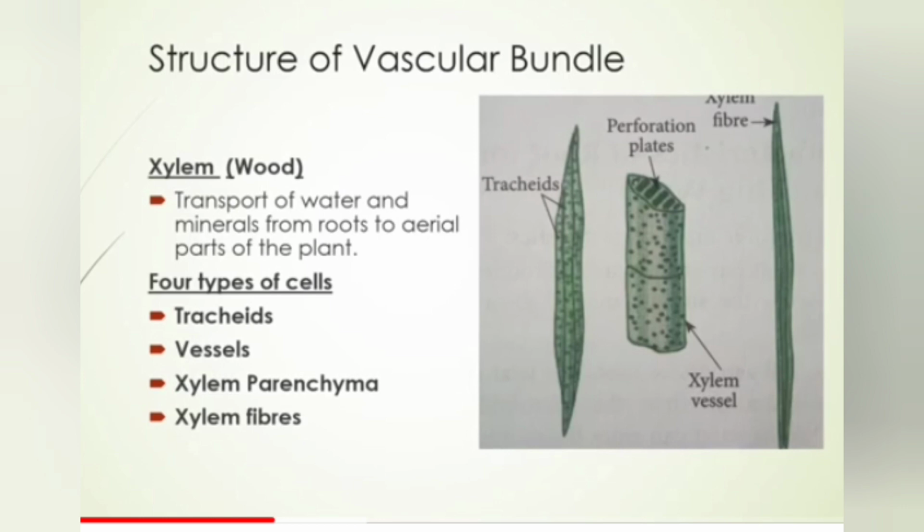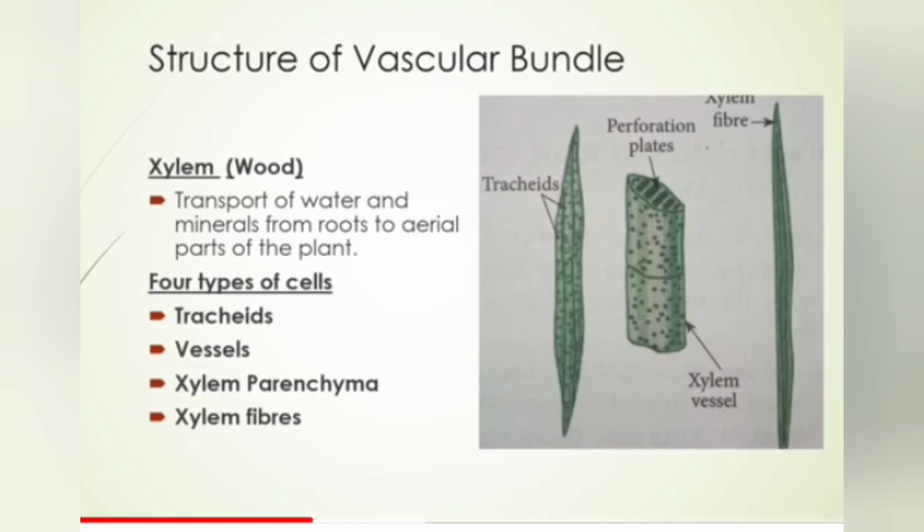These are dead cells with lignified walls. So we can say xylem sclerenchyma or wood fibers have lignified walls and are made up of dead cells. Except xylem parenchyma, all other xylem elements are dead.